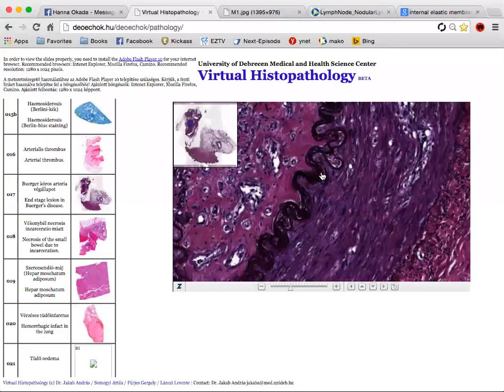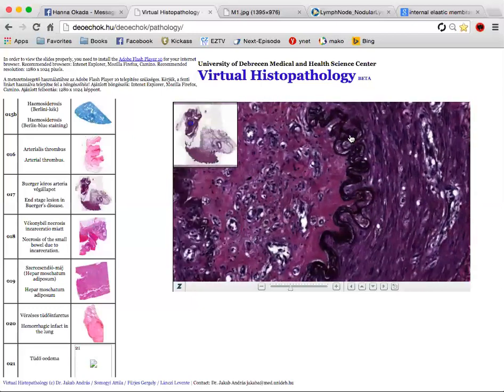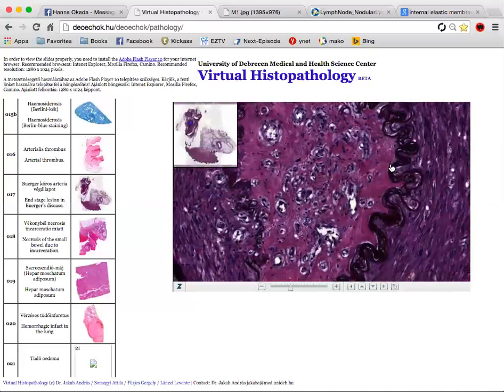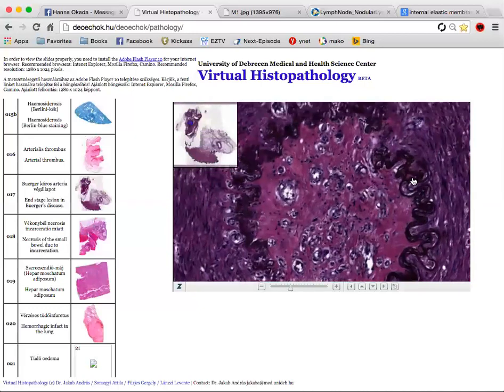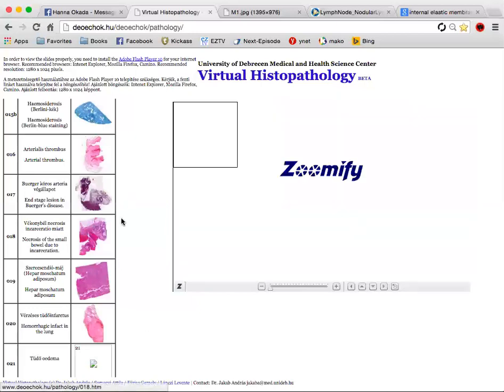It's very darkly stained. Okay. So this is because of shrinking. Because if you think about it, this fibrous plug here, it's sticking to the endothelium and it's pulling it in. Okay, and that's part of what causes this. Okay. Next up.